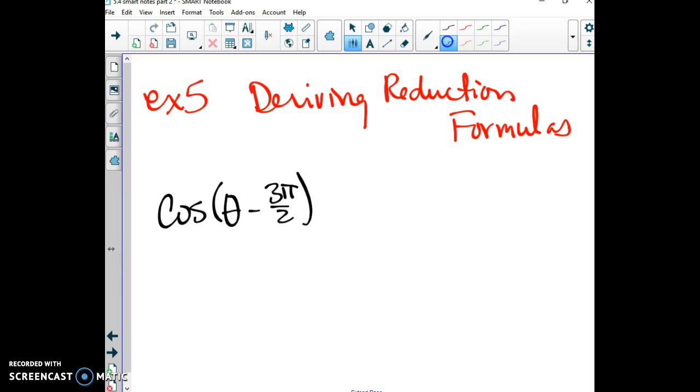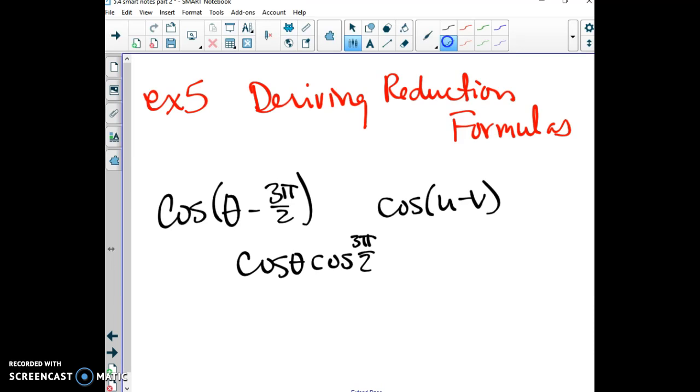It says using the formula for the cosine of u minus v, we have cosine of theta times the cosine of 3 pi halves plus sine of theta sine of 3 pi halves.